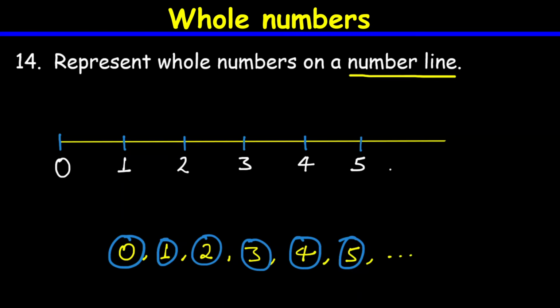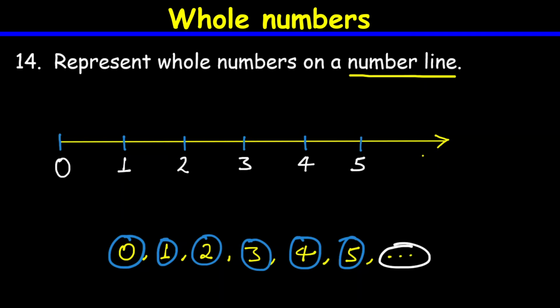We said that whole numbers are infinite. Because we cannot list all of them, we used 3 dots to indicate they are infinite. To indicate whole numbers are infinite on a number line, we include an arrow at the right end of the line. The arrow indicates that whole numbers are infinite.